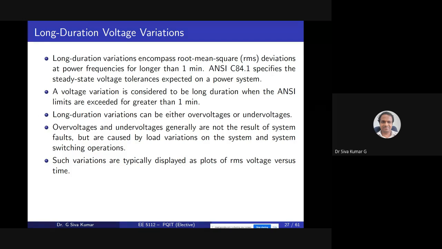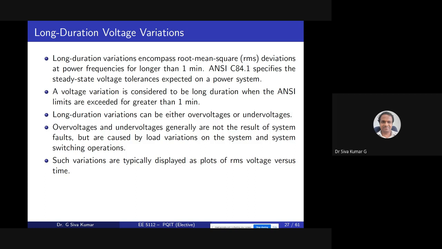Whereas in the case of a long duration voltage variation, it is going to disturb the fundamental voltage value, in the sense of the magnitude. Suppose it is a peak of 230 root 2 times your sinusoidal voltage, what we expect in our house.